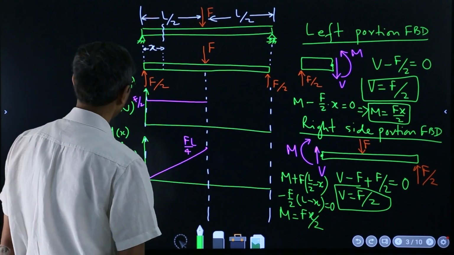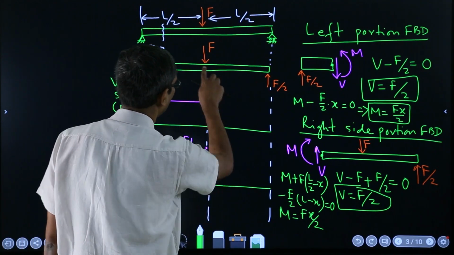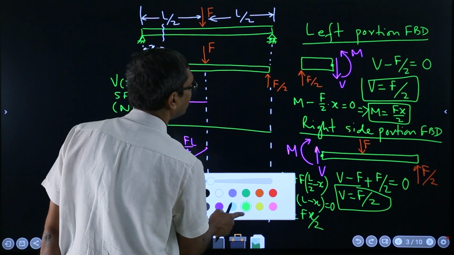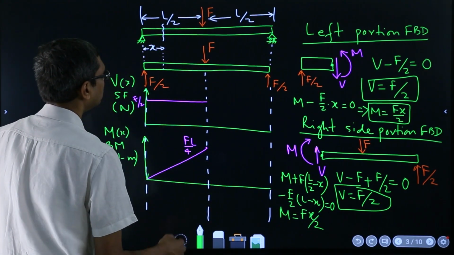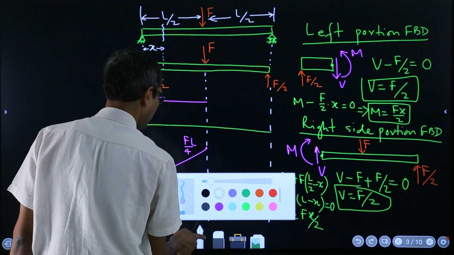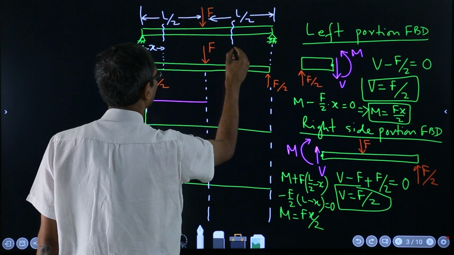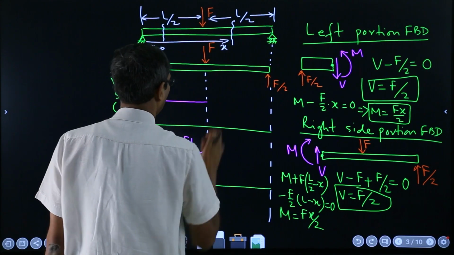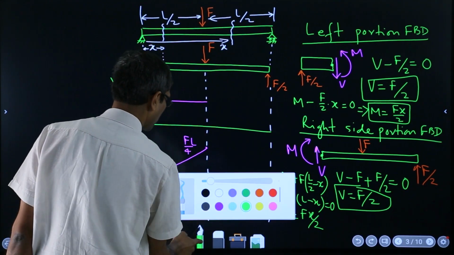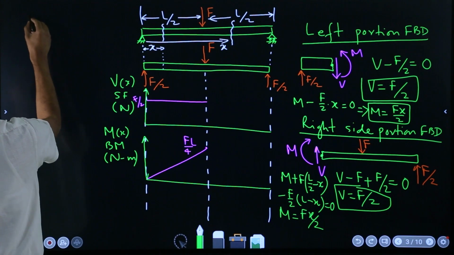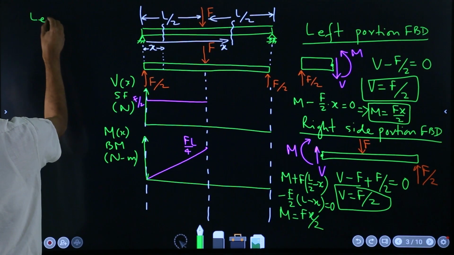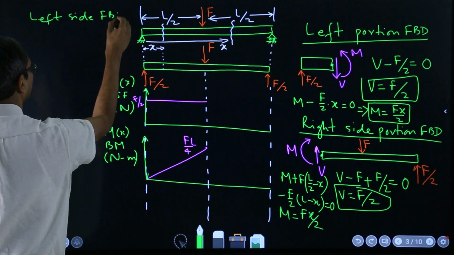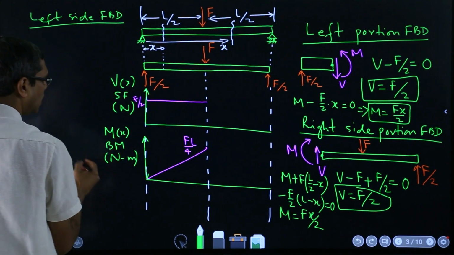So the same thing when you draw for the other side segment, I'll just draw the FBDs and then you can see how it will be done. And so now what has happened, your x is somewhere here, okay. So this is your x now. So the left side FBD if I put, so I'll say left side FBD. So how will it look like?